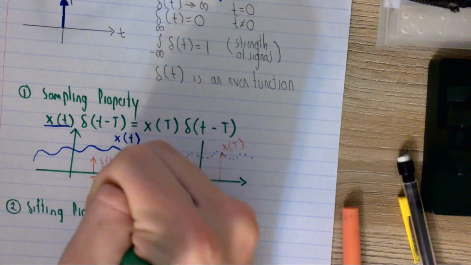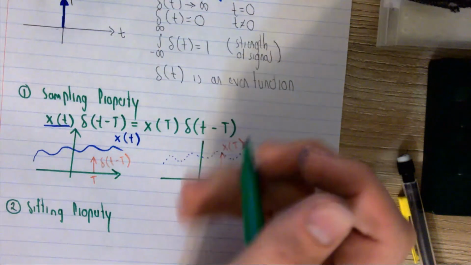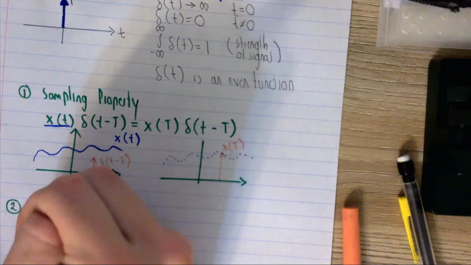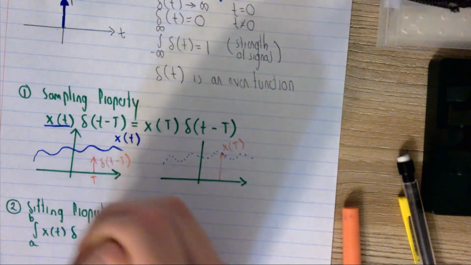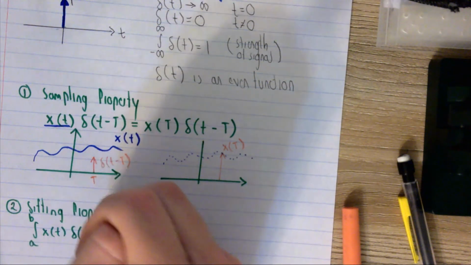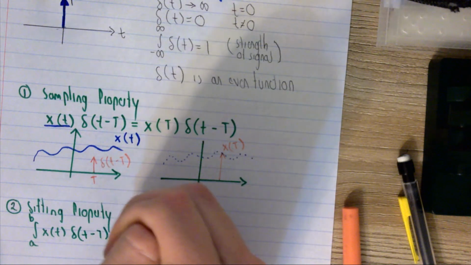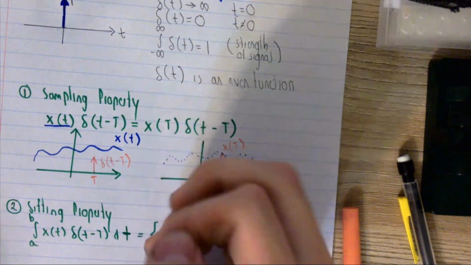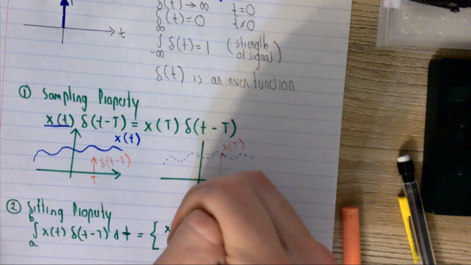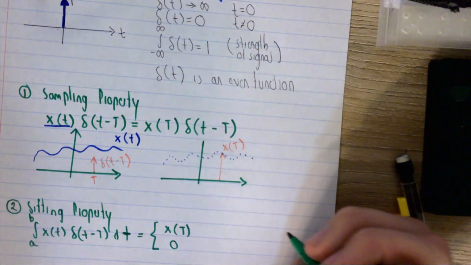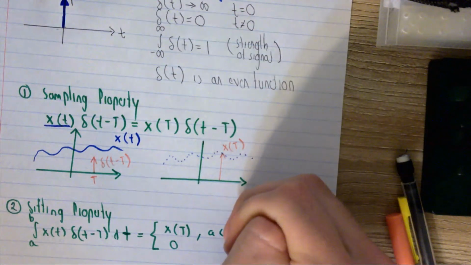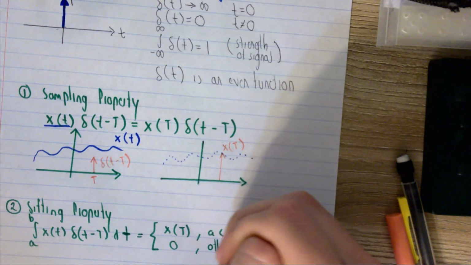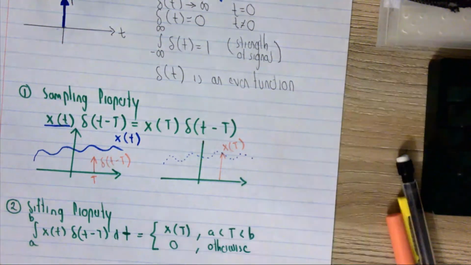The sifting property basically tells you that in your integral from a to b, you have x of t delta t minus large T dt, which is equal to x of T. I like seeing this one graphically.